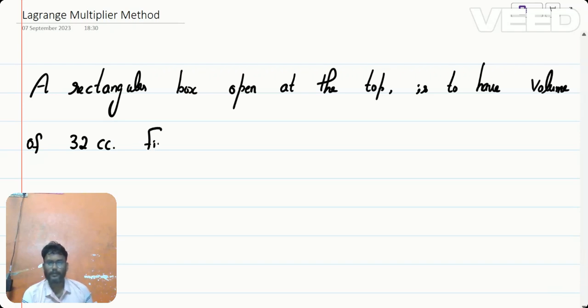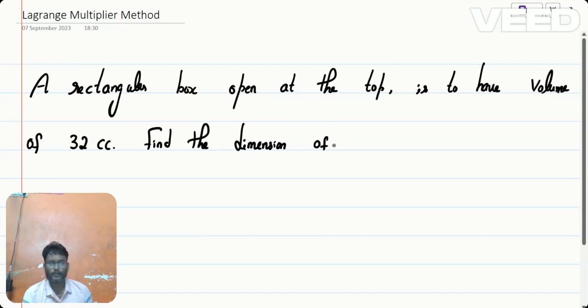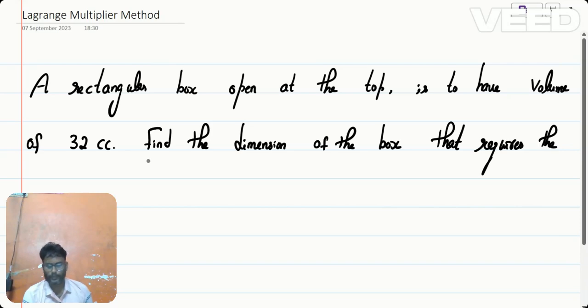Find the dimensions of the box that requires the least material for construction.